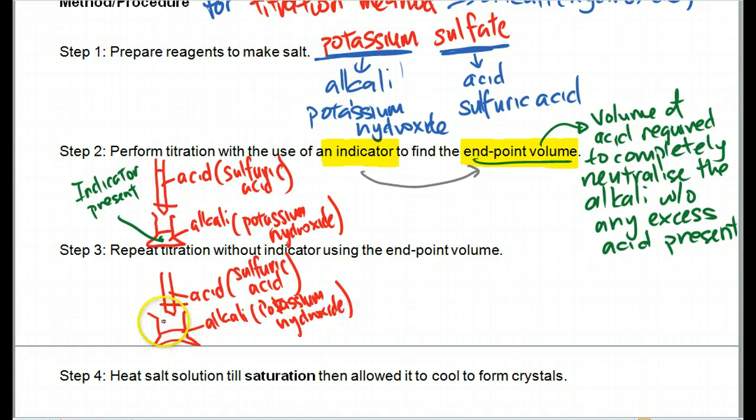But in this case, no indicator is present. So we're going to repeat the same titration without the indicator. But whatever volume we found out here, we're going to use it now. So we'll put it in exactly.